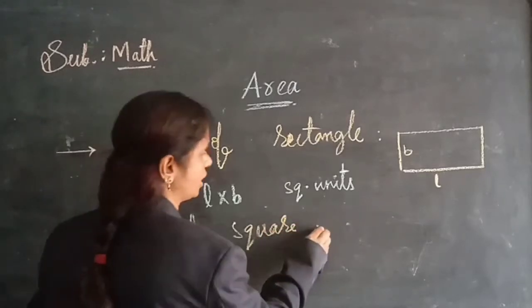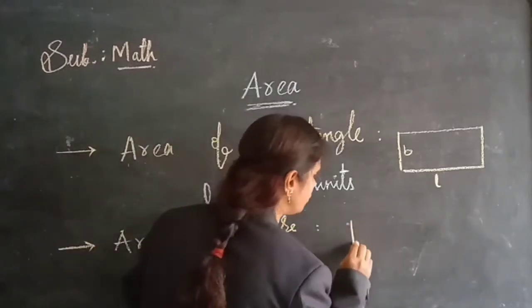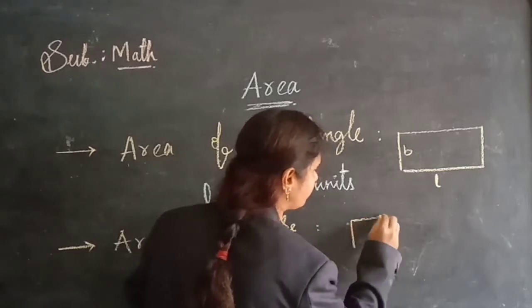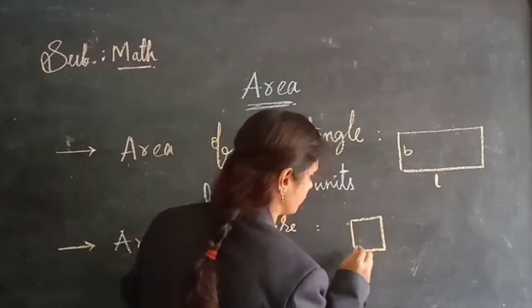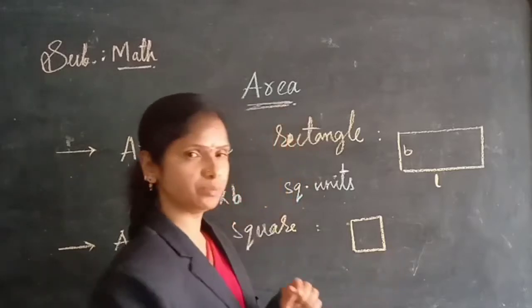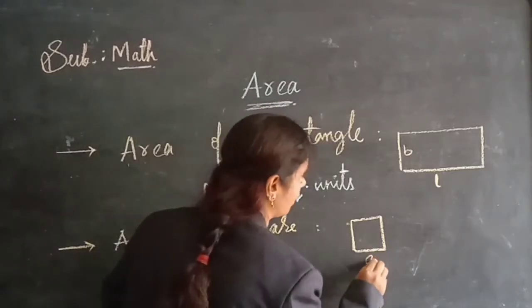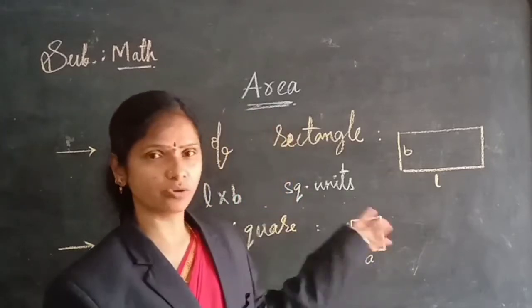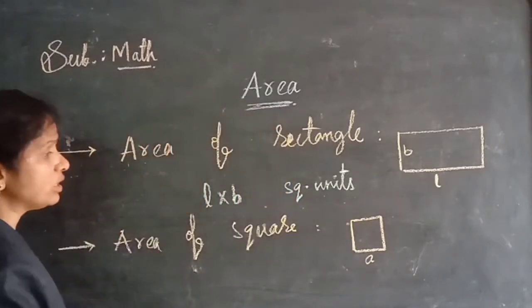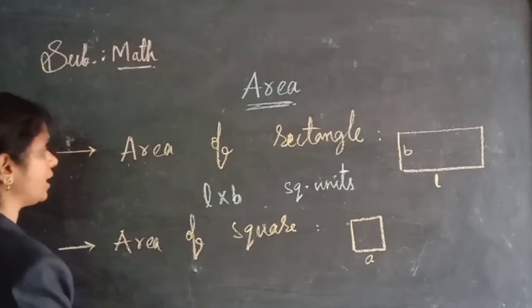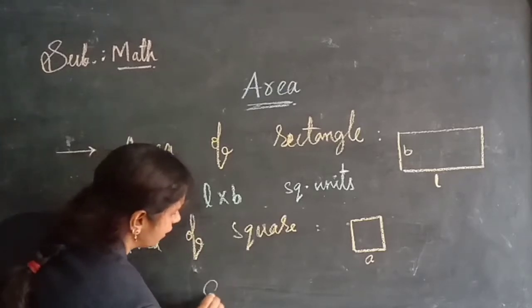Area of a square, children. What is a square here? Here you can see the square shape. This is the square shape, children. So how can we find the area of the square here? I am taking A, why? Because in a square all sides are the same, no? So how can we write the area of a square?